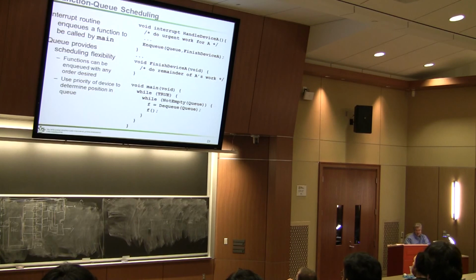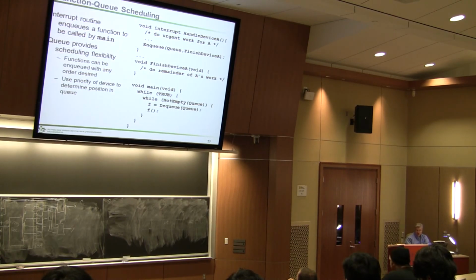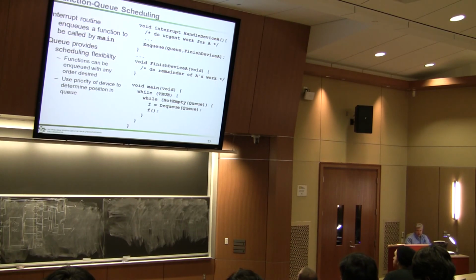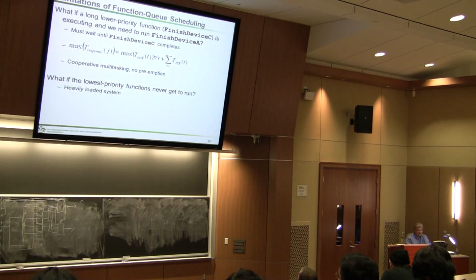That way you can try and be more fair. So whoever comes first gets the first ability to run. And of course, you still need to run to completion in this case. Again, you must wait for the completion of that specific task.